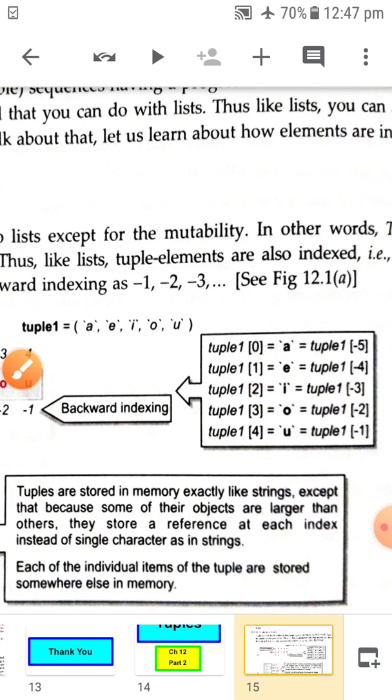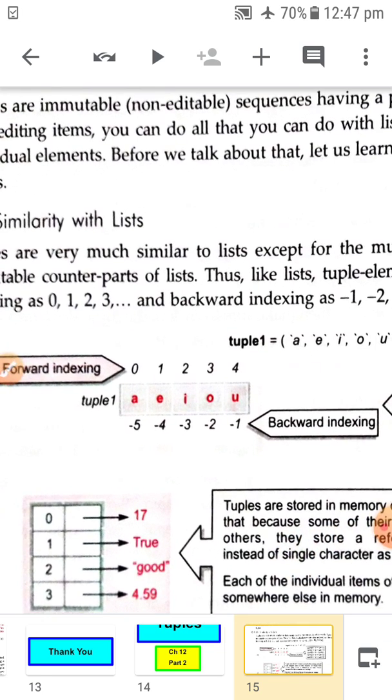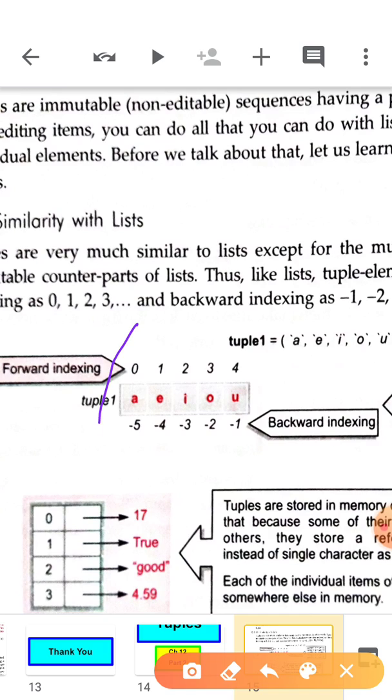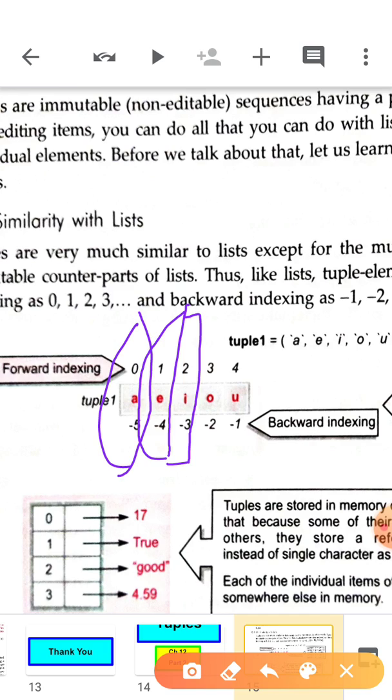So this is a way of representing tuple elements. Similar data is at two different positions. This is how data is represented in forward and backward indexing.